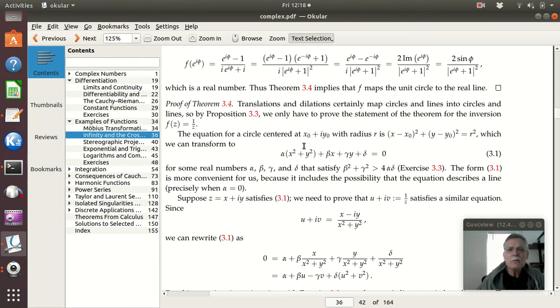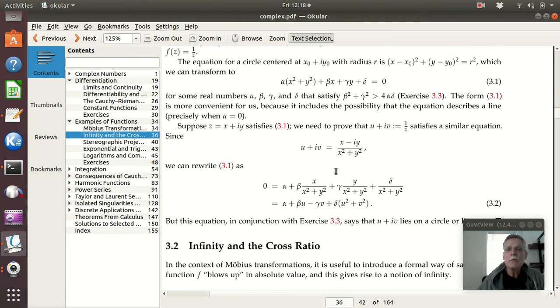Now if we jump down to the bottom line of this proof, it said that if we look at the map 1 over z, in general we would get, according to this, alpha plus beta times u minus gamma times v, and then the delta. But delta is 0.